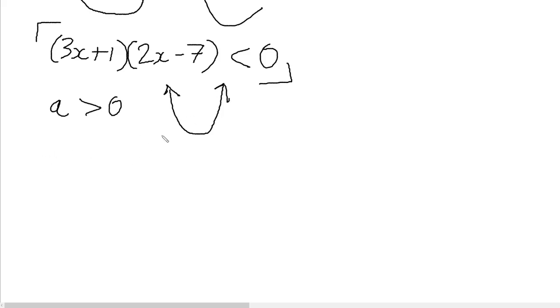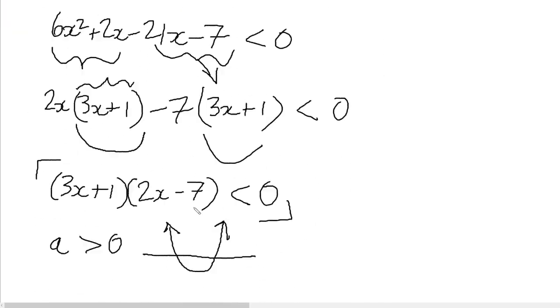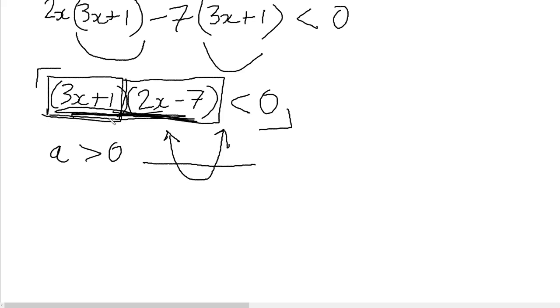And it would be helpful for us to find the x-intercepts. So how would we do this? Well, when this whole expression here is equal to 0, it's either this term, the 3x plus 1, that's equal to 0, or 2x minus 7 that's equal to 0, because 0 times anything is 0.